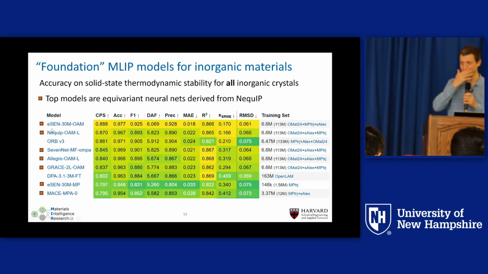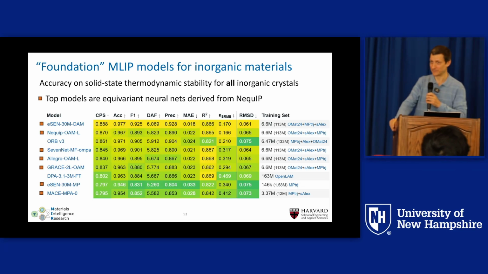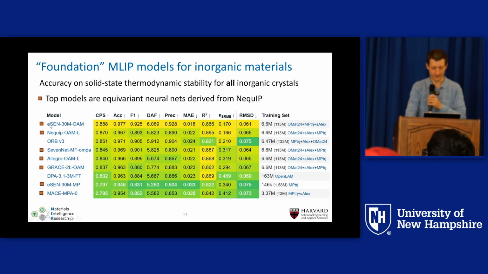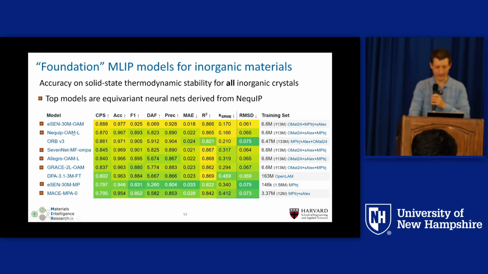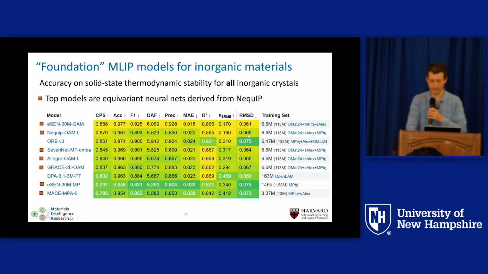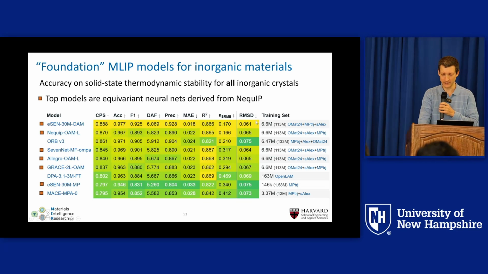Interestingly, the top performing models are all these equivariant neural networks, which I think have really plateaued in terms of accuracy, right? The two best models right now are variants of the same thing. The original NeQuip is doing almost as well as the best model out there.